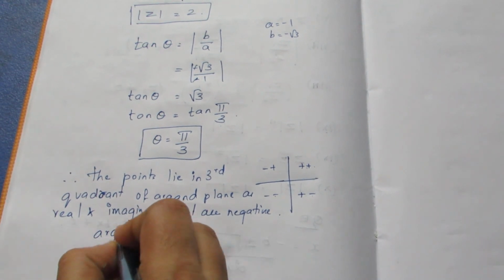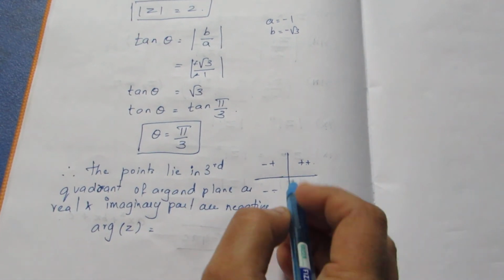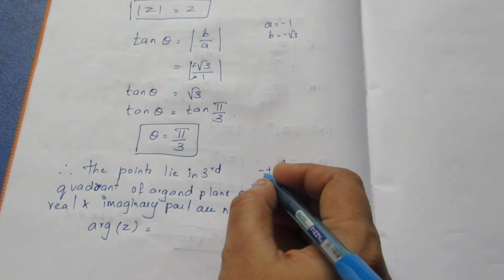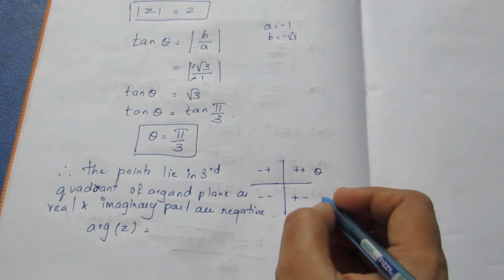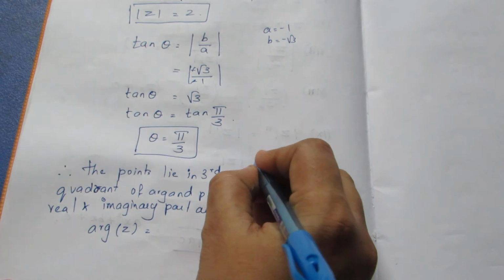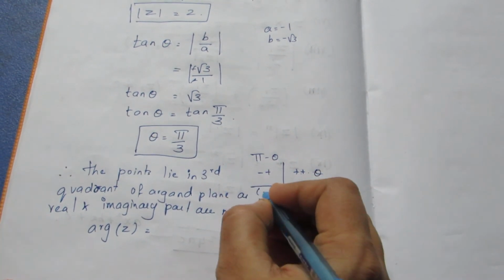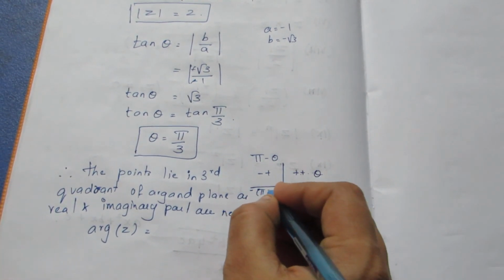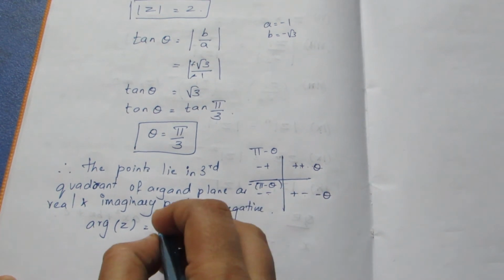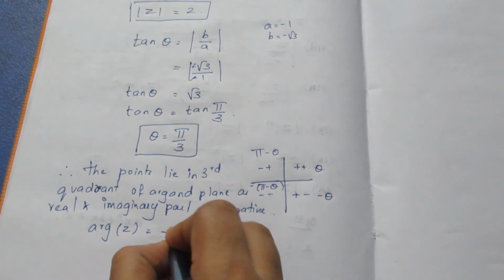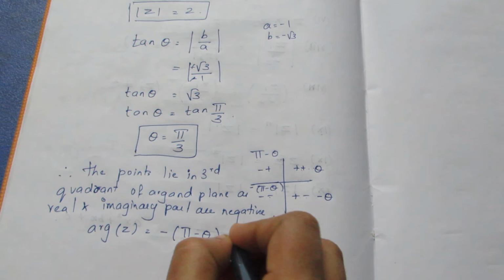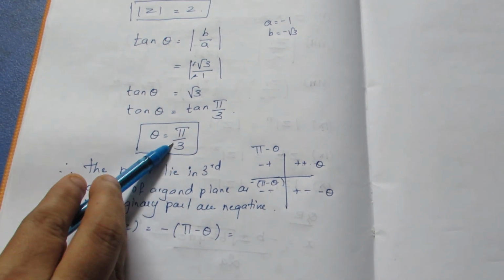So z is nothing but, in the third quadrant, we know, in the first quadrant it is theta, here it will be minus theta. In the second quadrant it is pi minus theta. In the third quadrant, just the negative sign, pi minus theta. So here it becomes minus of pi minus theta. We know that my theta value is pi by 3.